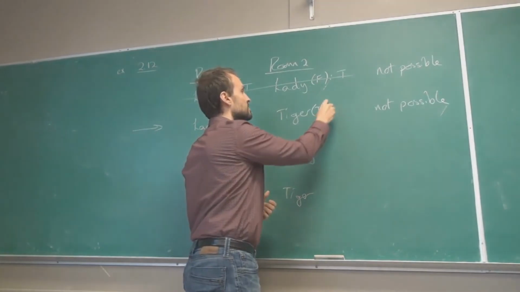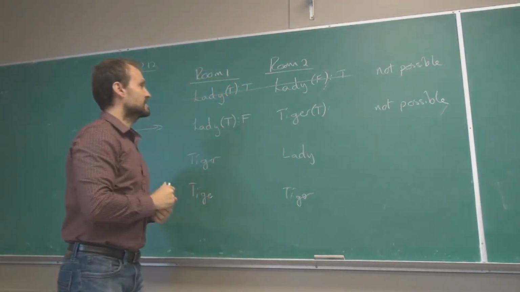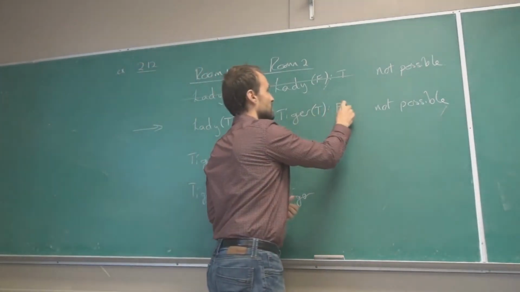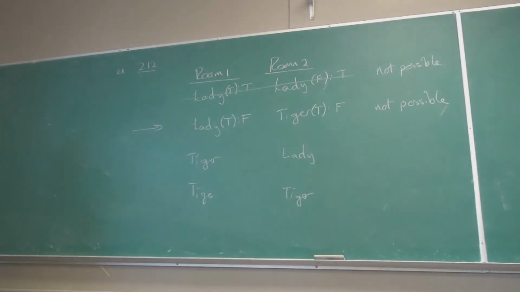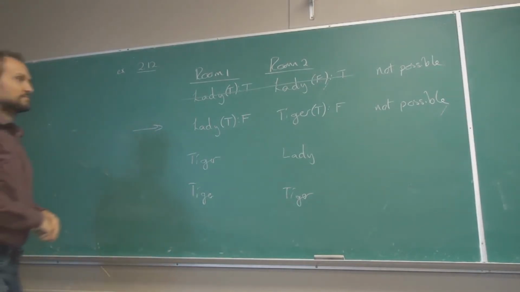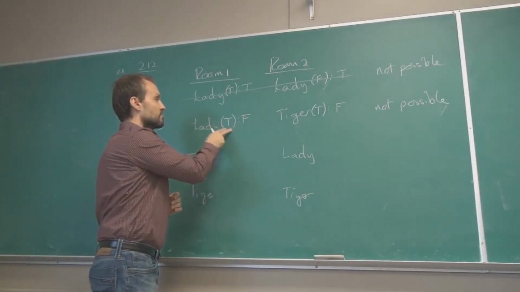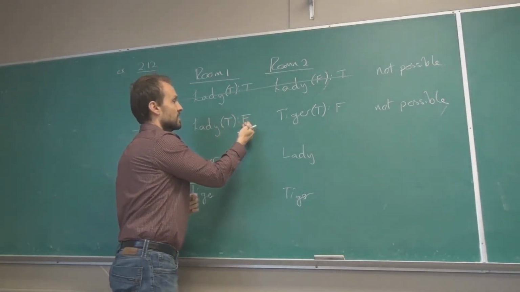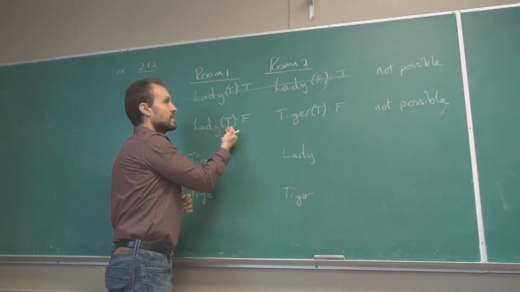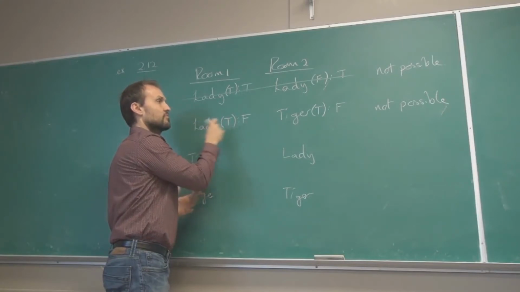Now, what does it say? Both rooms contain ladies. That's false. So on both of those, it doesn't match what the king is saying. So it's doubly not possible. But I only need one of them. If this doesn't match, then what I consider isn't what the king says is happening, therefore it's not possible.